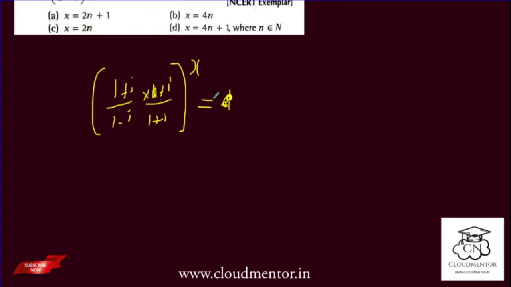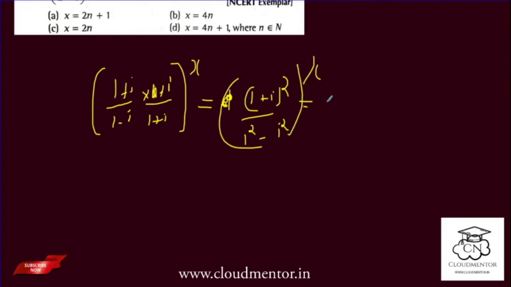So before that we have to simplify that. That is 1 plus i times 1 plus i, that is 1 plus i the whole squared, divided by 1 squared minus i squared, and the whole raised to x. So 1 plus i the whole squared will be equal to 1 squared plus 2i plus i squared, and that divided by 1 squared minus i squared, where i squared is minus 1, so 1 plus 1, that is 2, the whole raised to x.